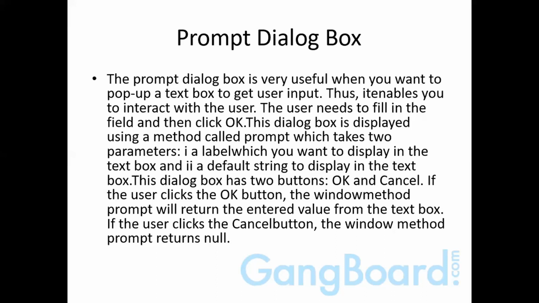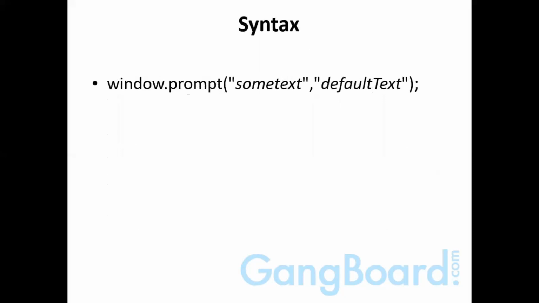This dialog box has two buttons like the confirmation box, OK and Cancel. If the user clicks OK, the window prompt method will return the entered value from the text box. If the user clicks the Cancel button, the method returns null.